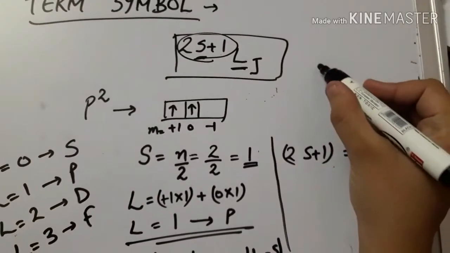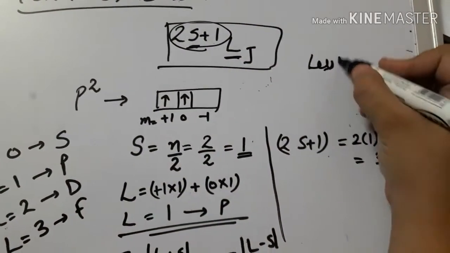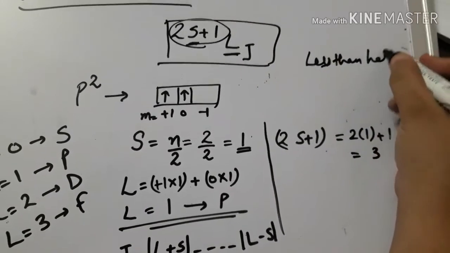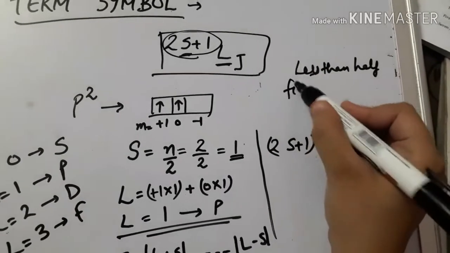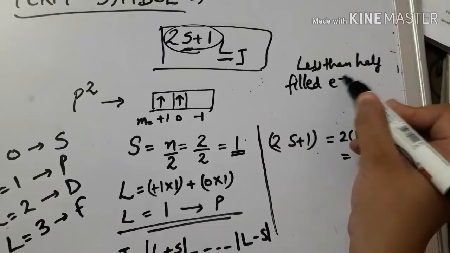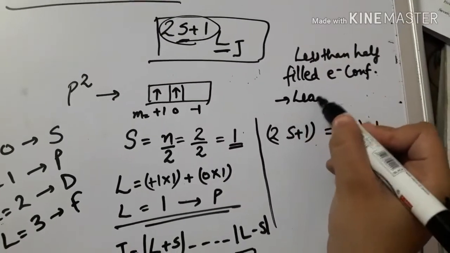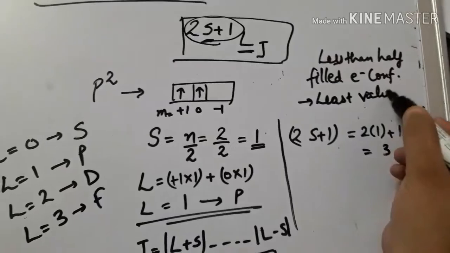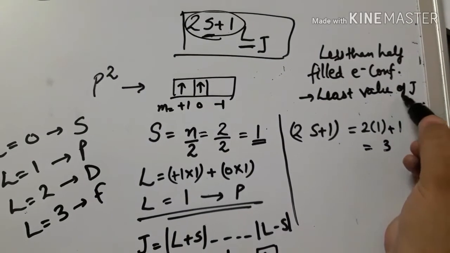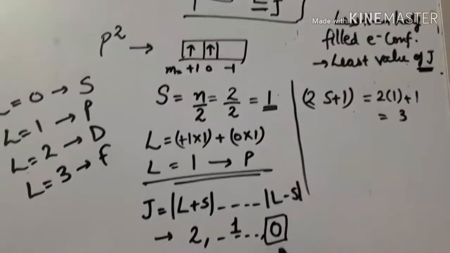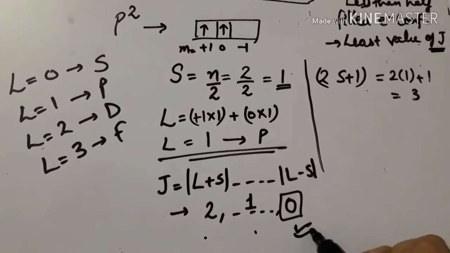If we have a less than half filled electronic configuration, then the least value of J is to be taken. So the least value of J here is 0.